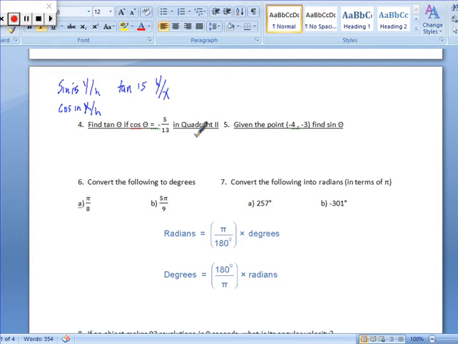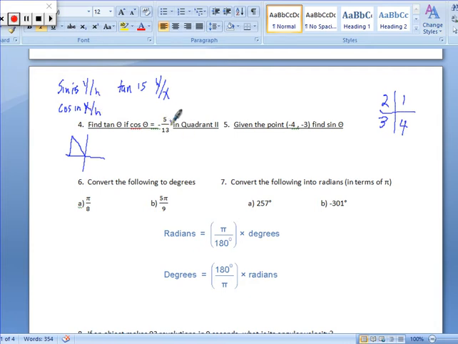And then it says quadrant 2. So remember your quadrants. If you don't remember your quadrants, they go 1, 2, 3, and 4. So I'm going to draw my triangle in the second quadrant. So here's my quadrant, here's my triangle. And if it's cosine, cosine means I have my x and I have my hypotenuse.